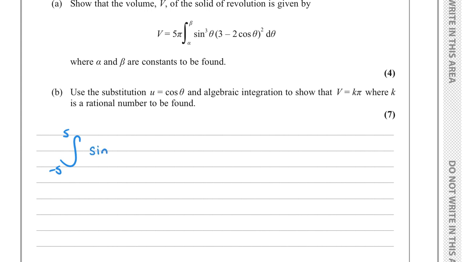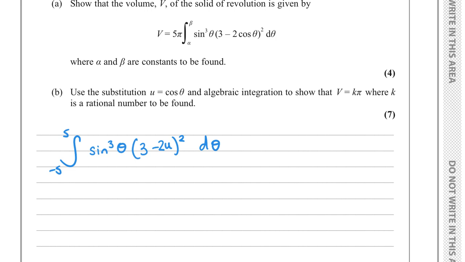So we're going to have sine cubed theta, brackets, 3 minus u squared d theta. That's currently what we have right now.